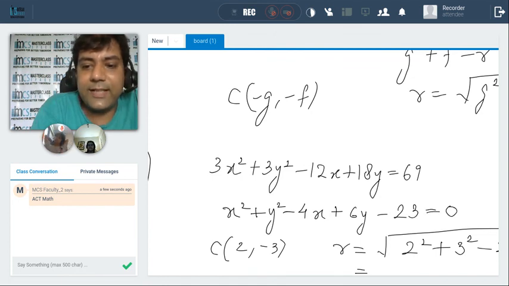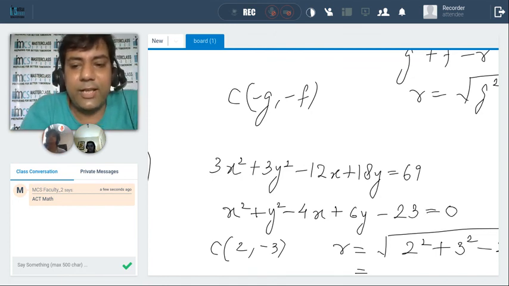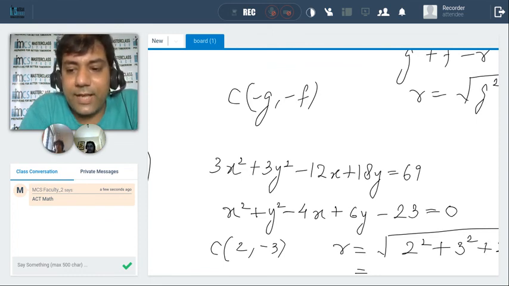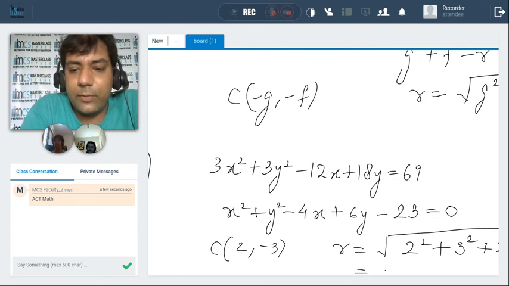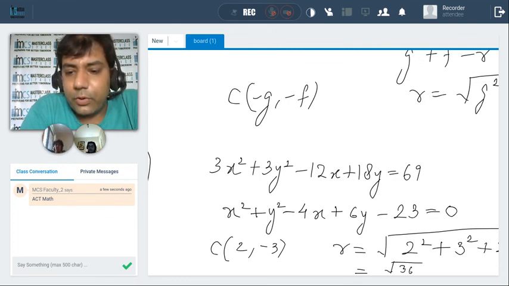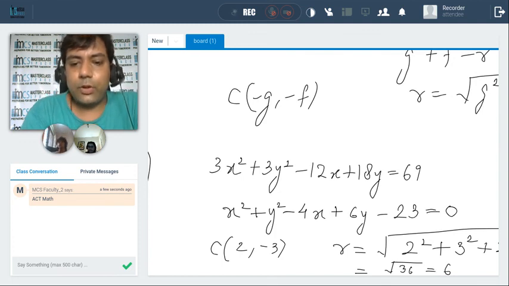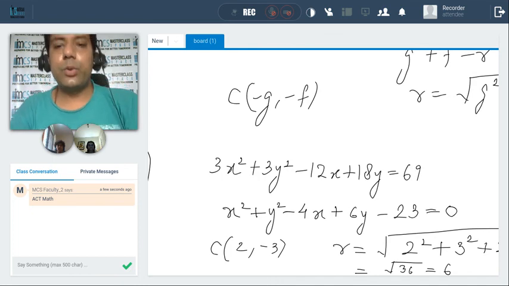So c is basically minus 23. So it will be, I mean, plus 23 under the root, exactly. So it will come out to be root 36, so you get 6. So this is a quite faster way to do the question, guys.